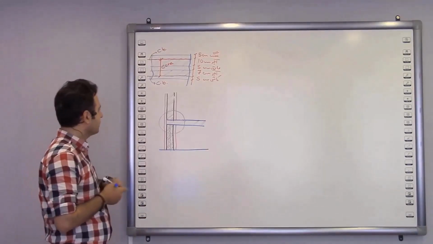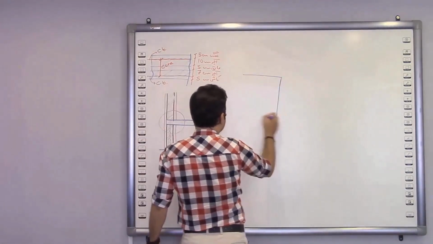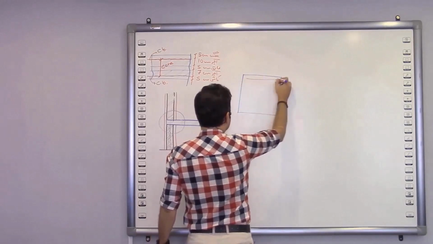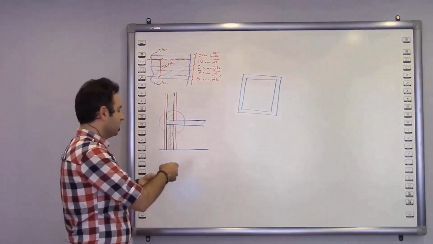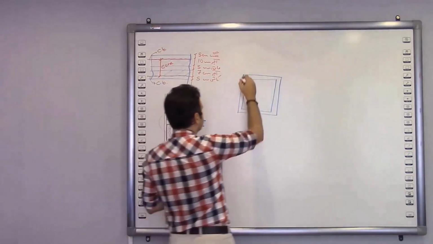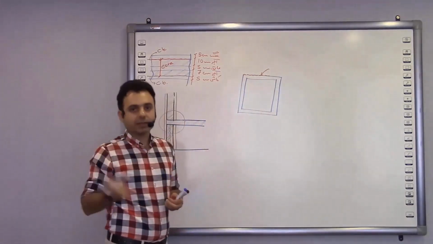Alright, now let's go and talk about it. In the last session, when we had a plan, for example this one, where did I say we draw the floor from? From here, that's right. From the exterior side of the wall.